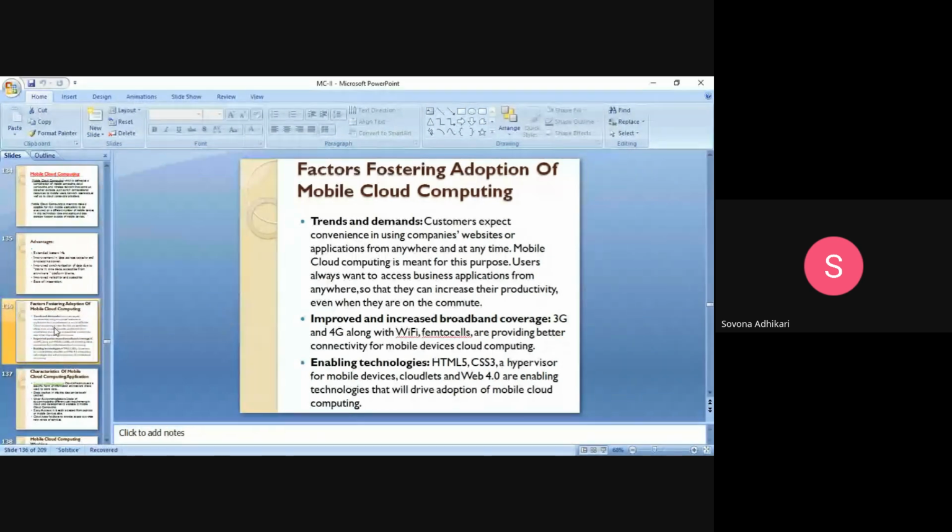Mobile cloud computing is meant for this purpose. Users always want to access business applications from anywhere so that they can increase their productivity even when they are in commute. When they are traveling, you can access your business application from sitting anywhere.